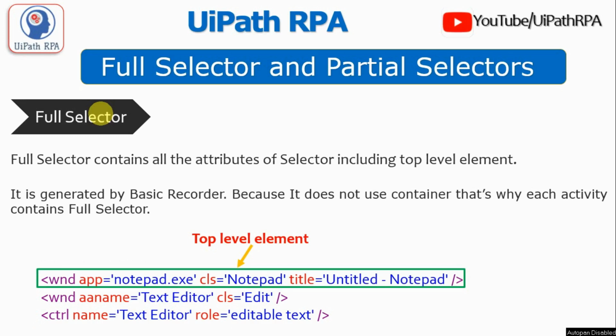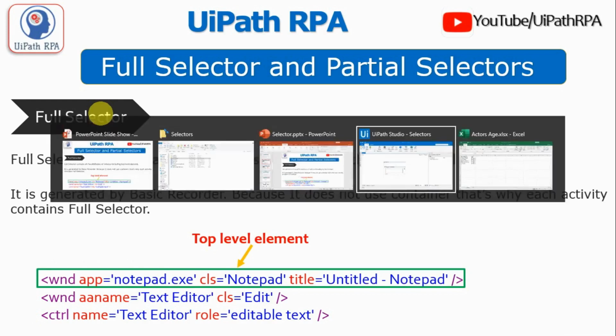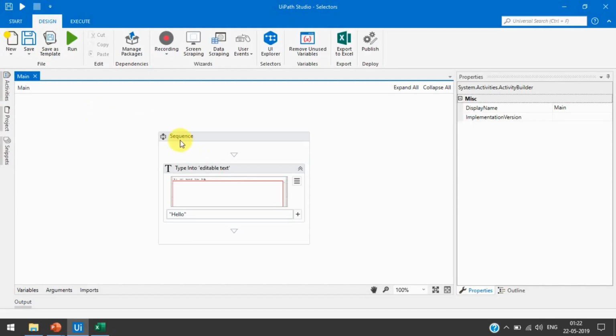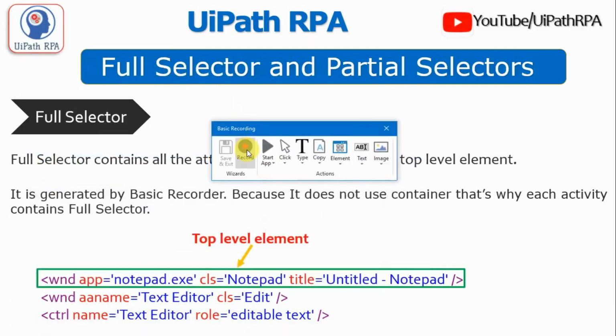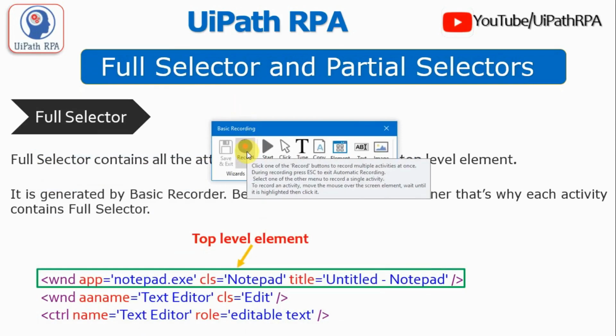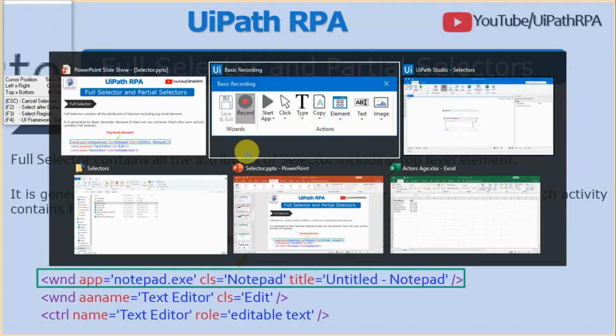So let me open UiPath Studio. Okay, so here you will start. I will click on recording and then select basic. Now we have the option record, so we'll click on record. We'll open one notepad.